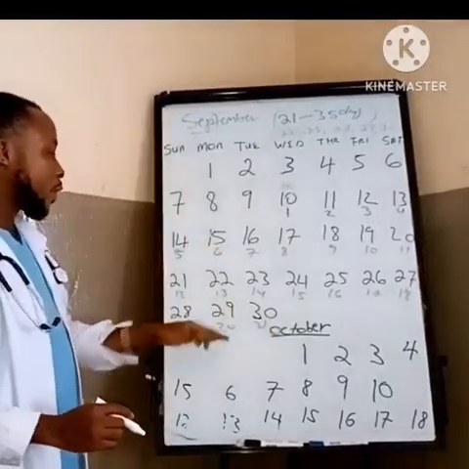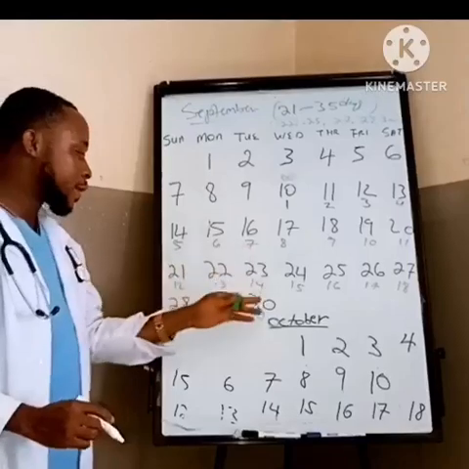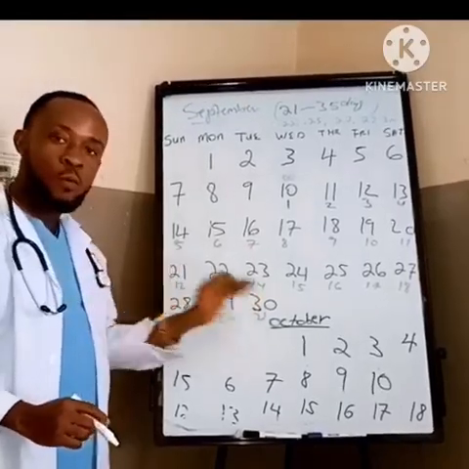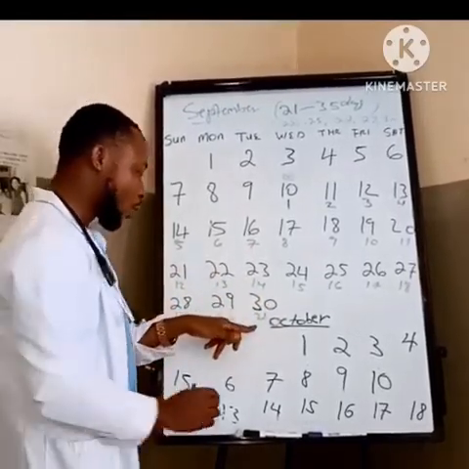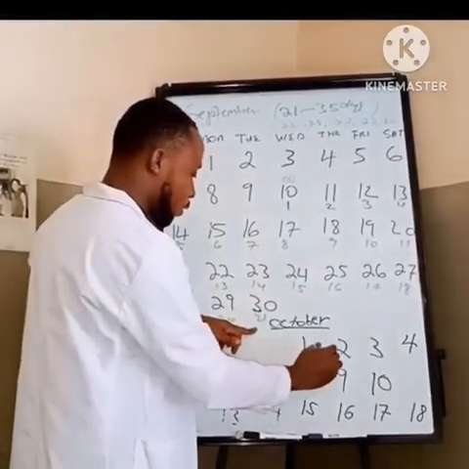The month of September calendar ends here. So we are forced to move to October. So we have 21 and 22.